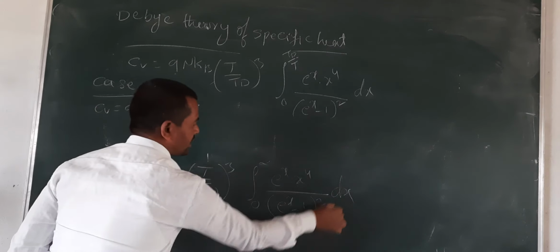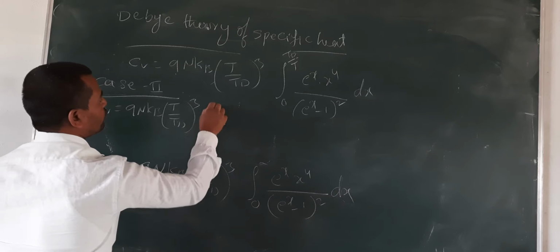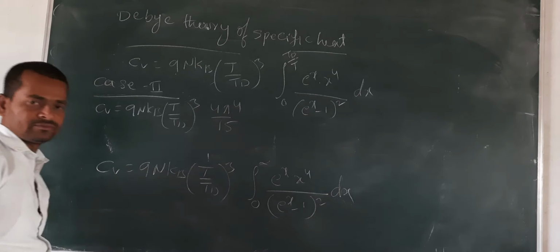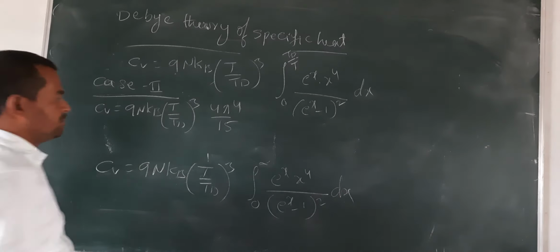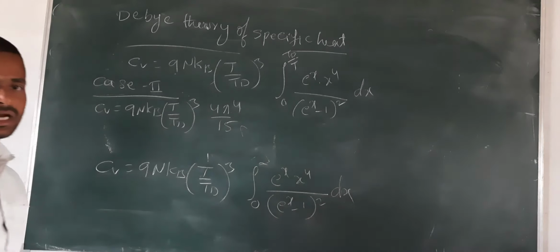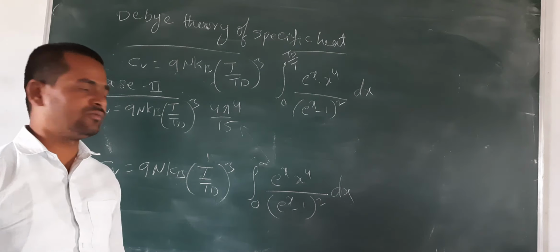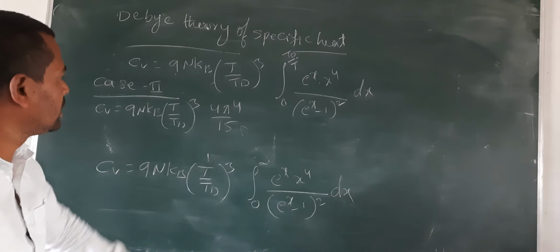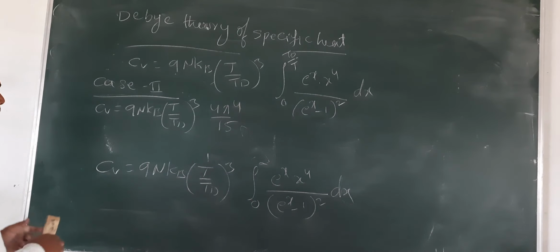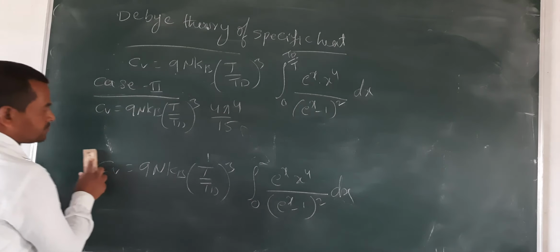This integral term's value is 4 pi power 4 by 15, after doing the integration from 0 to infinity.